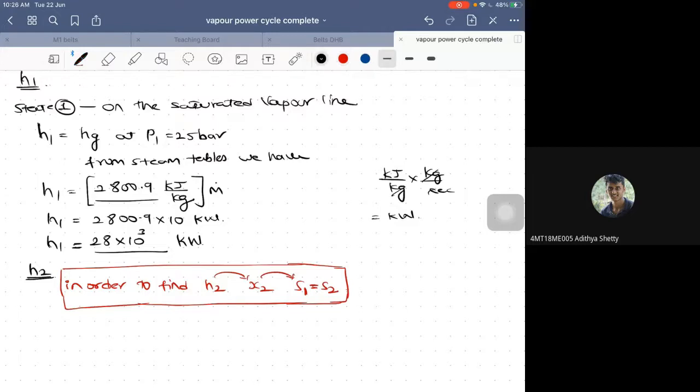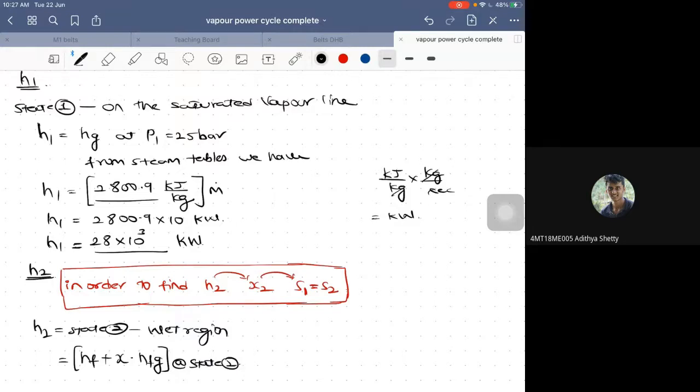Now, h2 is in state 2, and this particular state 2 is in the wet region. So, in the wet region, the formula is hf plus x into hfg. All these values are taken at state 2.